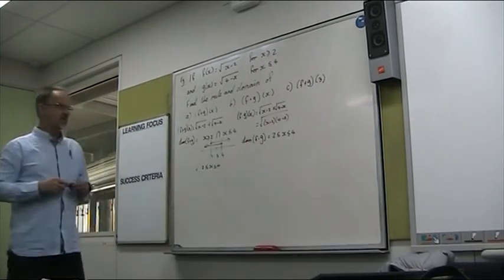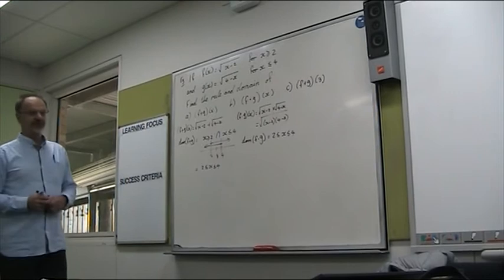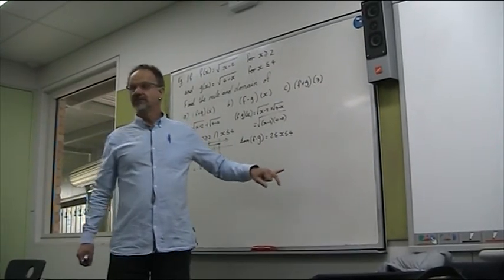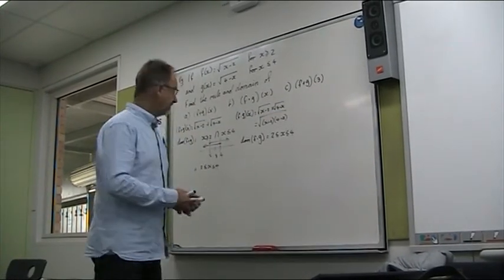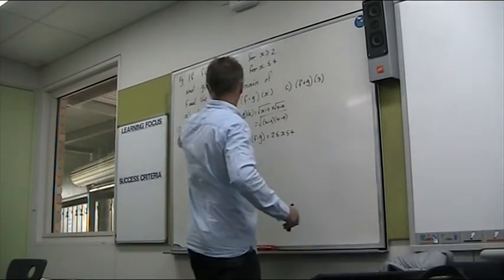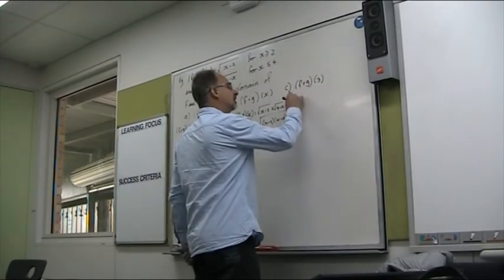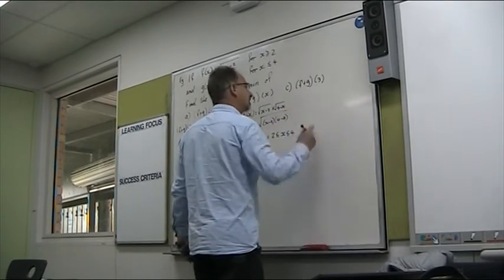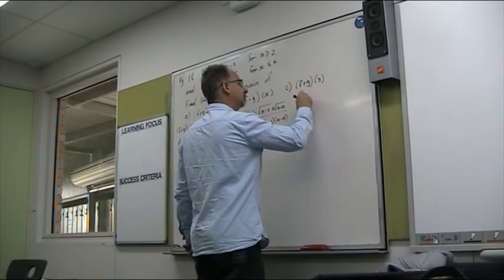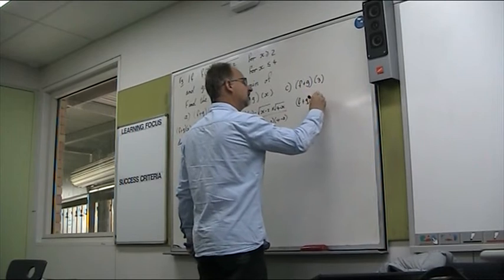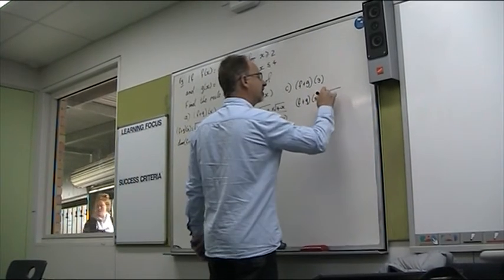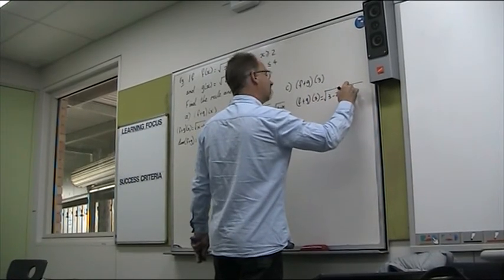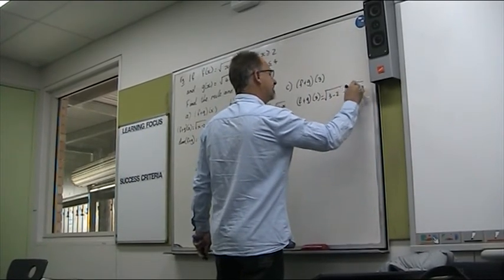All right, now this last one, f plus g of 3, simply means, what do we do? Sub x for 3. So we've got f plus g over here, written quite correctly. So f plus g of 3 would be the square root of 3 minus 2 plus the square root of 4 minus 3.